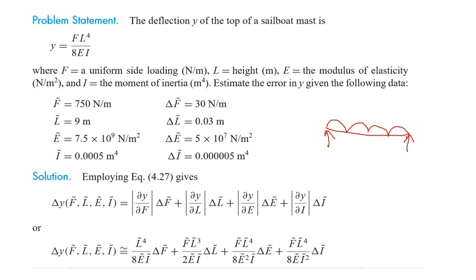You need to find out, if there is an error in the measurement of the length of this beam, an error in the measurement of E, that is the modulus of elasticity, and an error in the measurement of the moment of inertia I of this beam, so if these three quantities are measured and have their inherent error, then what will be the error in the deflection y of the beam at its center? That numerical is explained over here.